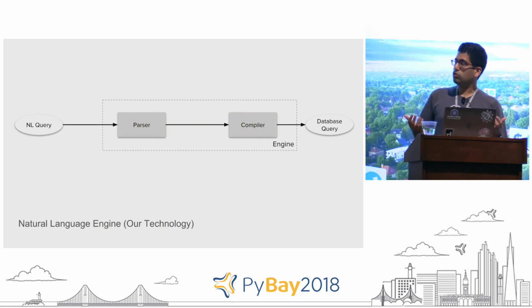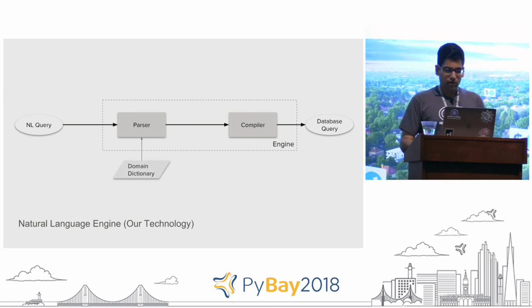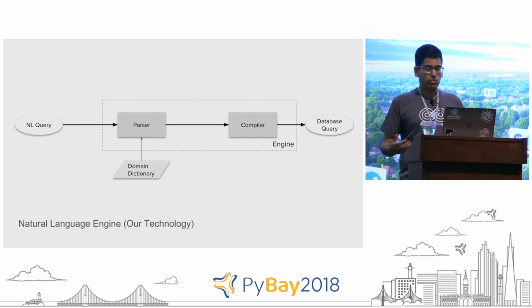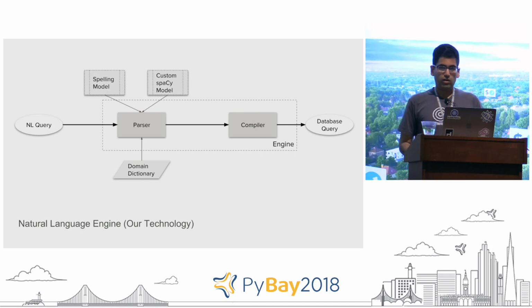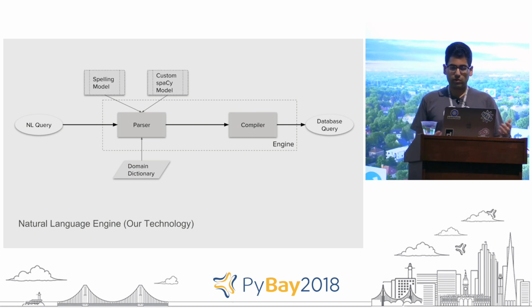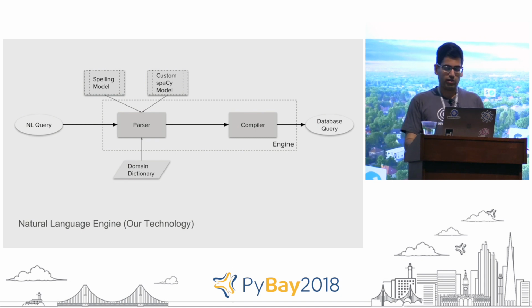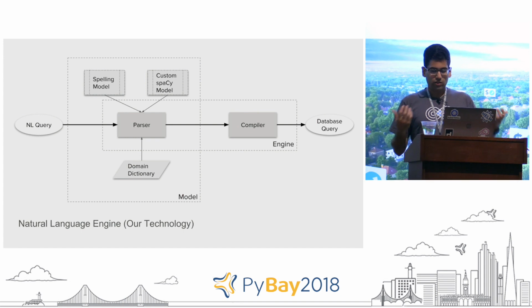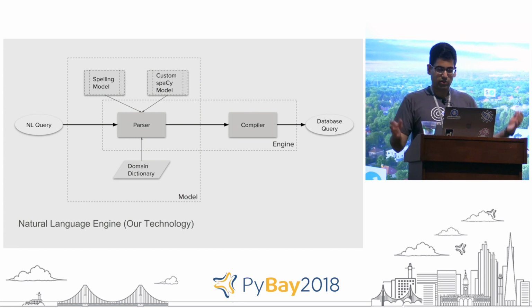You can think of these two combined together as our natural language engine. For the parser, you need a domain dictionary, some lexicon, basically. We also incorporated a spaCy model and spelling correction models, so we can do dependency parsing and part-of-speech tagging as well. All these together form the model that we'll talk about the rest of this talk.